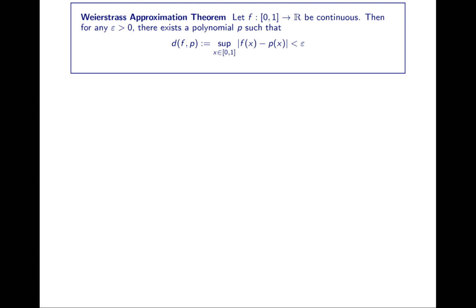Well, this says I can actually find a nearby polynomial, and then I can just integrate the polynomial because polynomials are easy to integrate. Maybe I want to approximate the derivative of a function. Find a nearby polynomial, take the derivative of the polynomial. This theorem tells me that so long as f is continuous, there's always a polynomial nearby. How nearby? As nearby as I want.